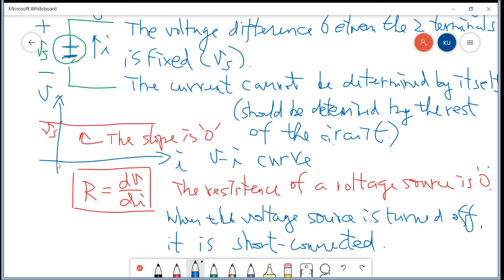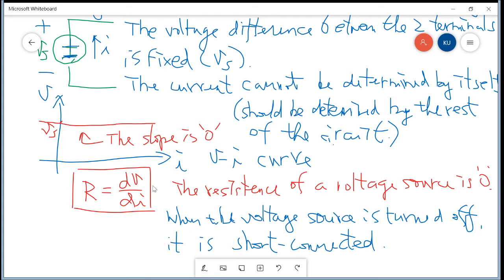So there is no resistance, and there will be no voltage drop across it. This is what you should have known.